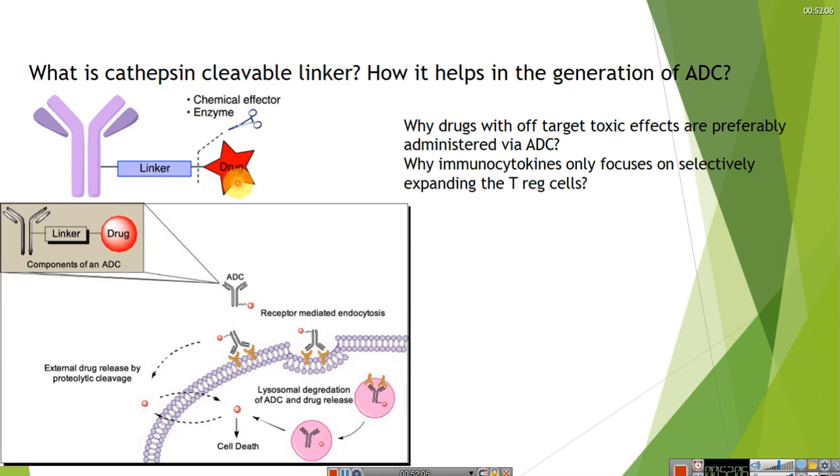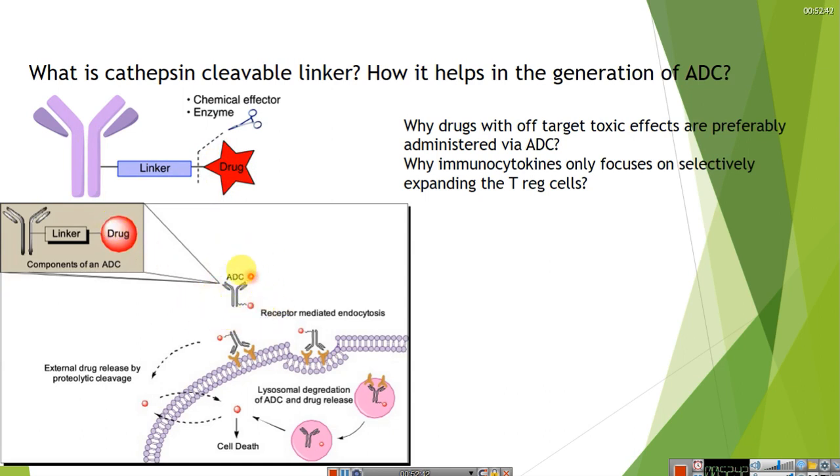See, cathepsin is an intracellular enzyme. During lysosomal degradation of endocytosed materials, this cathepsin, which is nothing but a protease, is capable of cleaving the peptide linker. So a cathepsin cleavable linker will be a peptide linker through which the drug is tethered to the antibody molecule.